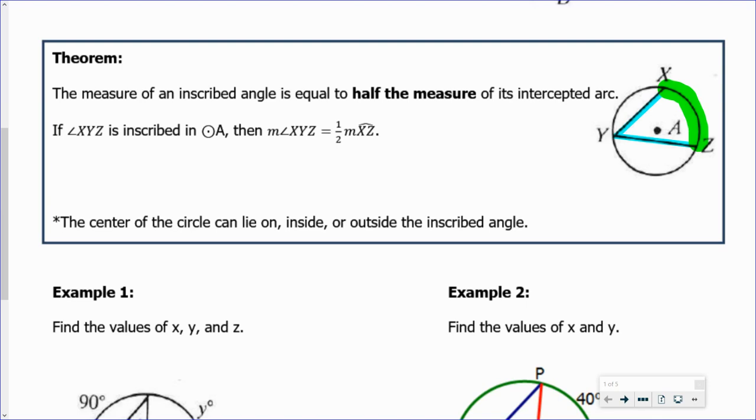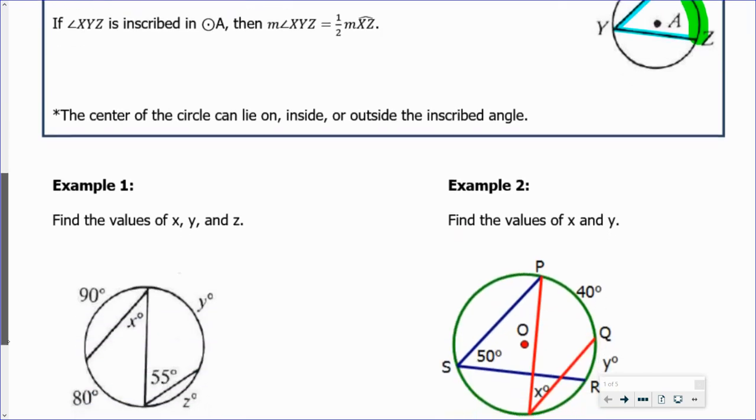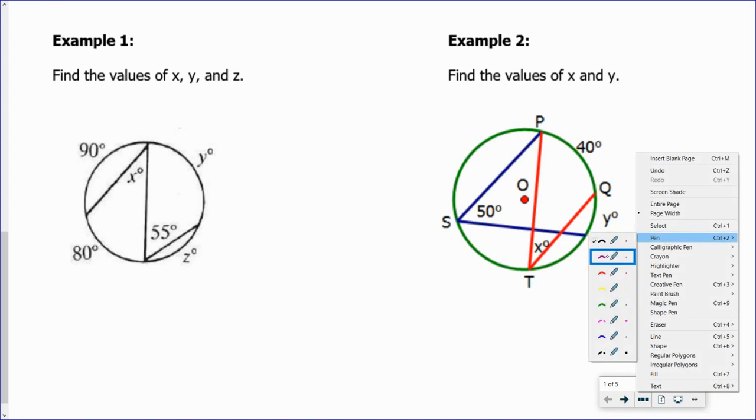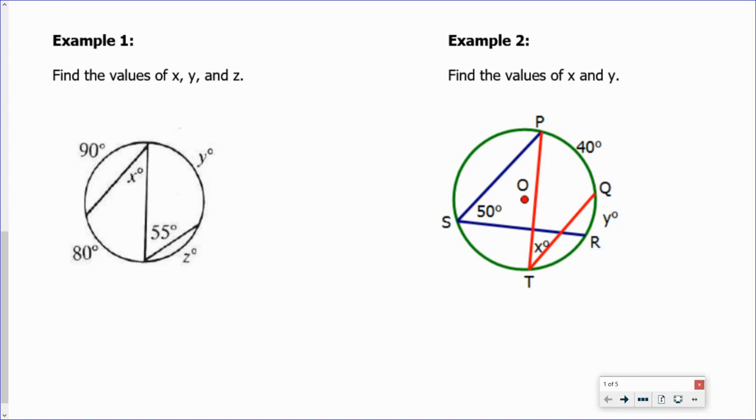Now, what I'm going to do is walk you through a couple of examples that demonstrate this theorem. So let's go ahead and look at examples 1 and 2, which will illustrate how to apply that theorem. For example 1, we're asked to find the values of x, y, and z.